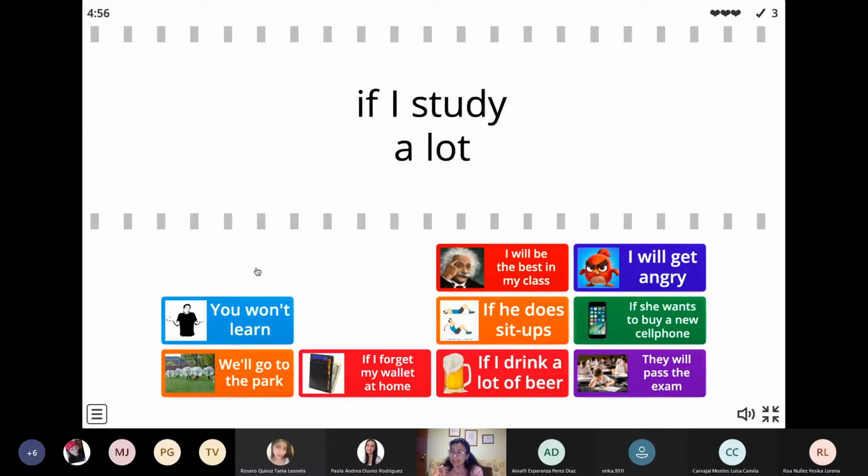If I study a lot, what is the second part? They will pass the exam. Very good. Present tense and here future. They will pass the exam.